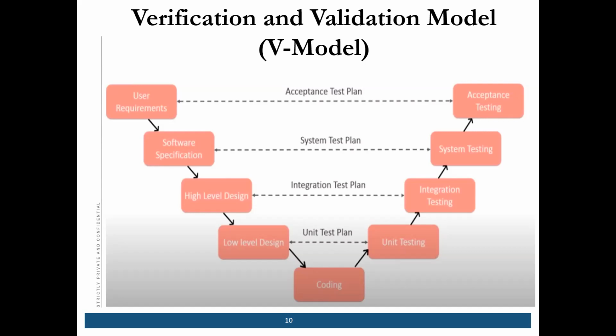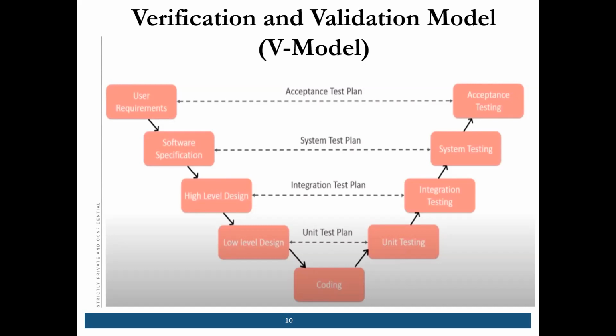Verification is the static part: when we are doing our walkthrough, when we are creating our documents, when we are writing and understanding them, when we are doing the process of how it should be done.